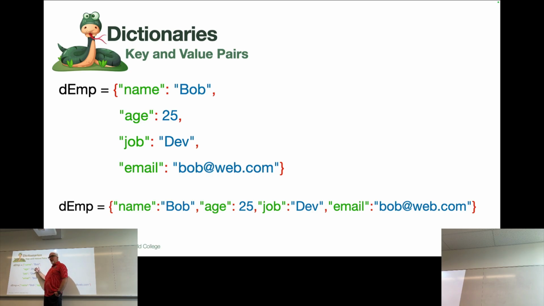And if I had a really long employee record, like if this was real employee software, if you look at any kind of HR software, maybe there's 50 different things that it stores about you. It's not just your first name and your age and your job and your email. It's your social security number, your address.